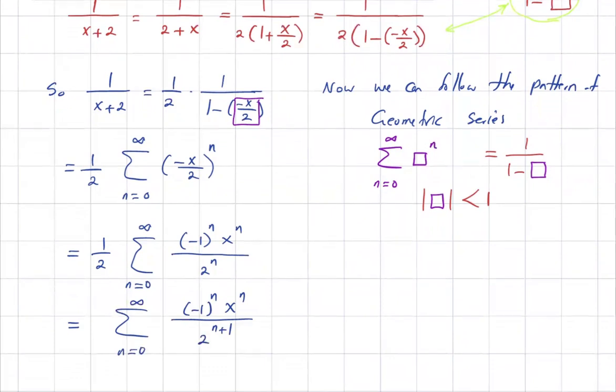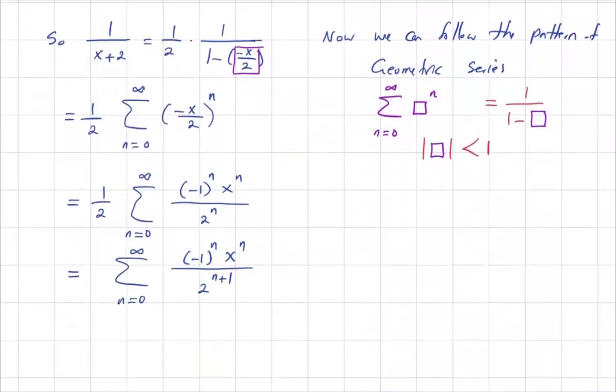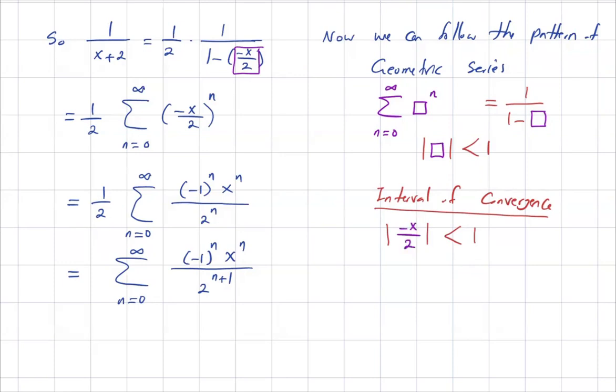So what's the interval of convergence? For the interval of convergence, the absolute value of the quantity must be less than 1. The quantity that we have is negative x divided by 2.